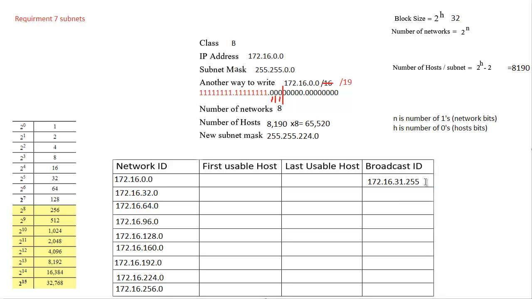Think in the opposite way. What is next to 31.255? This octet cannot be more than 255 because it starts from zero and finishes at 255. So when it reaches 255, the next one, rather than 256, will be 0 here and 1 will be added here. It's like 1 hour 60 minutes.